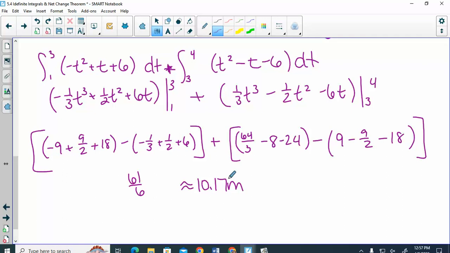So even though you ended behind where you started, this is giving us our overall distance. That doesn't make sense with our first answer. Did we plug something in wrong on the last one? Because this should be bigger. The overall distance we traveled should be bigger than that.